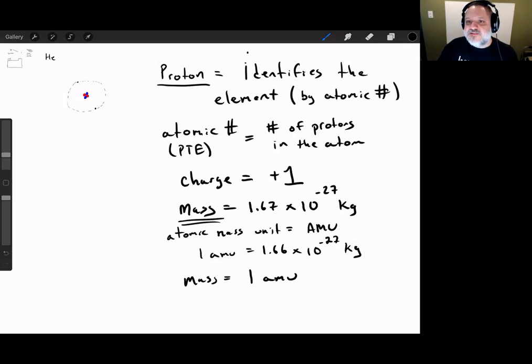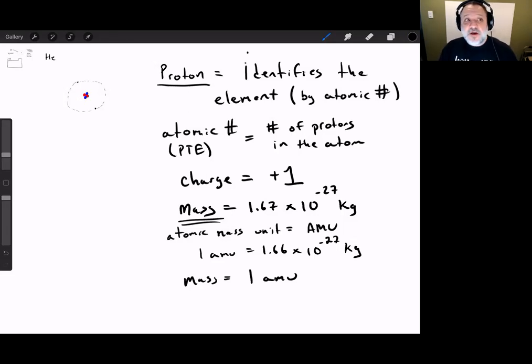So that's a lot easier to deal with than 1.67 or 1.66 times 10 to the negative 27 kilograms. And that's ultimately why we came up with this unit, because we, as humans, typically like to deal with numbers that are really close to 1.